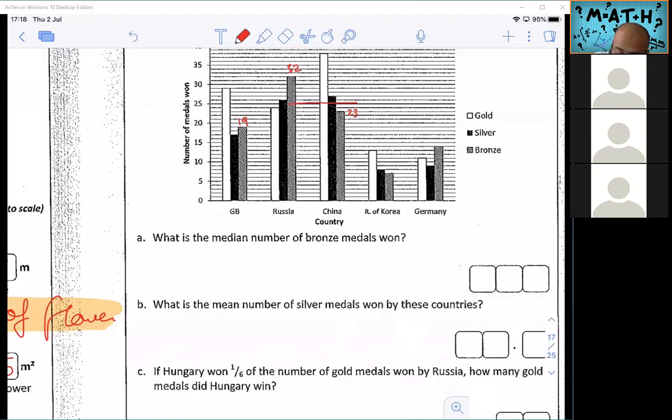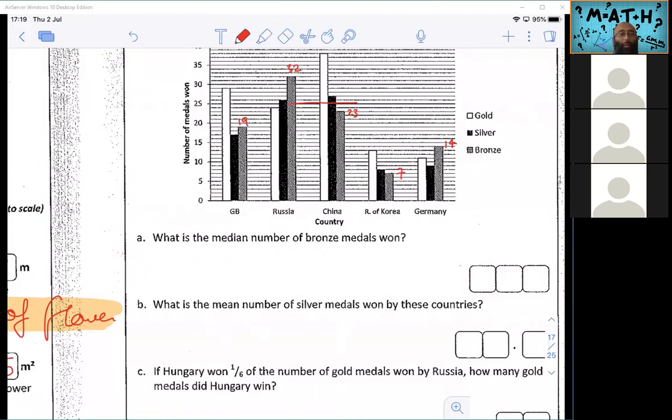The next bronze medal is going to be 10 over here. Is that 7? Yeah, that's 7. And the next one for Germany is going to be 14.